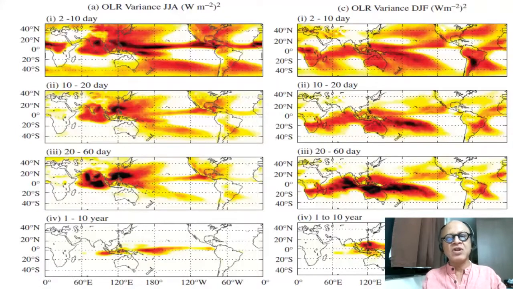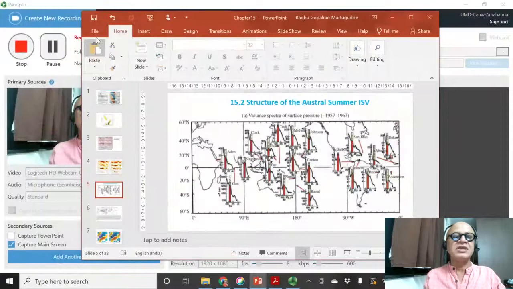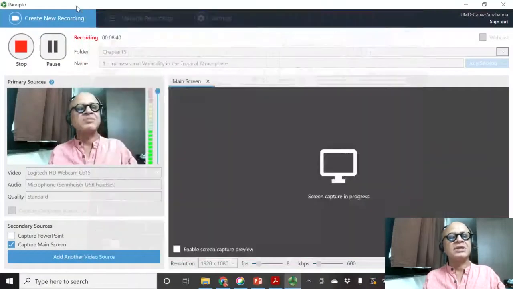There are what are called boreal summer intraseasonal oscillations, which are also called the monsoon intraseasonal oscillations, but also signals propagating from the western Pacific northwestward into the Indian Ocean across the South China Sea, Bay of Bengal, and so on and so forth, which we will see in the monsoon chapter, chapter 16.